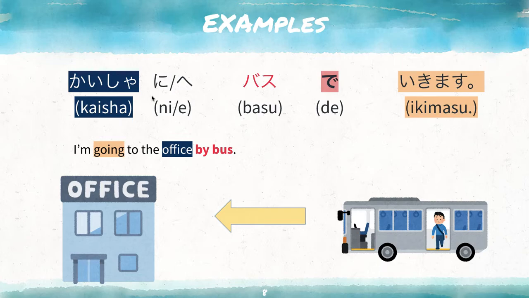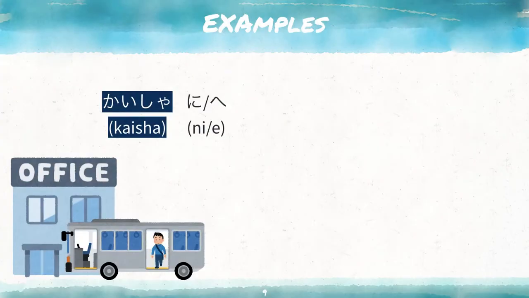If you're just talking with your friend, you would use ni, but if you wanted to use a formal way, you would often use e. So if you're talking to your boss, you would say 会社へバスで行きます. But if you're talking to your coworker, it will be 会社にバスで行きます.